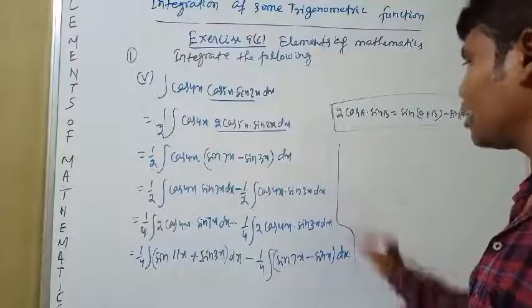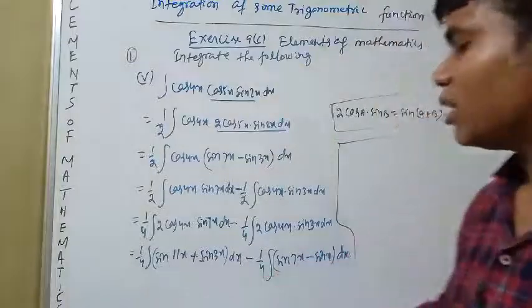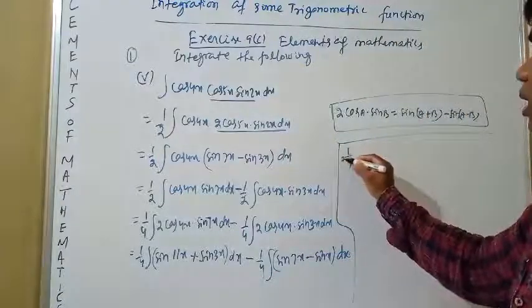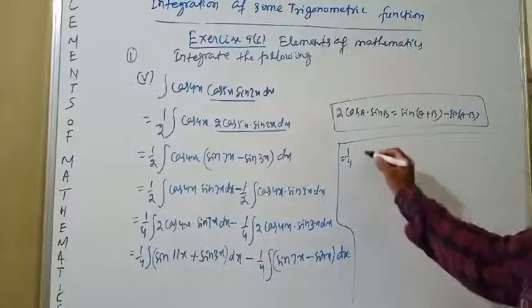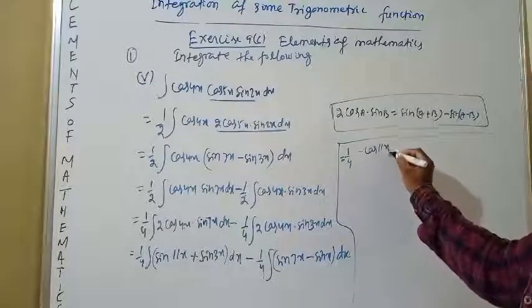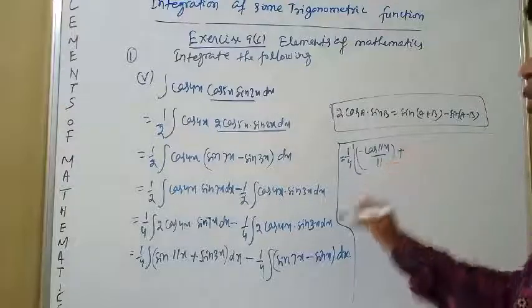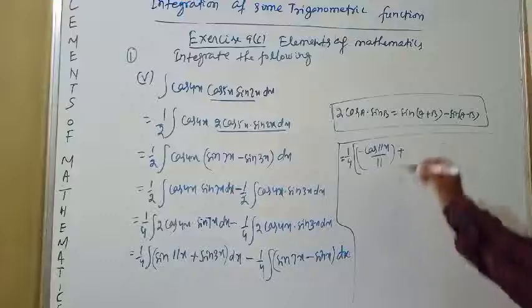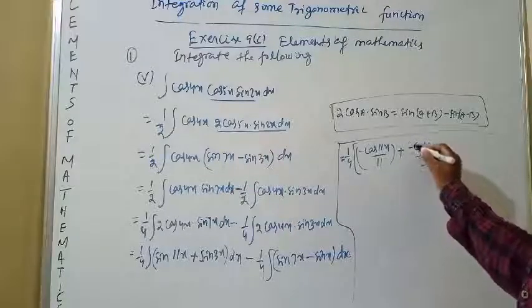Now here, 1 by 4 integration of sin 11x, that is minus cos 11x by 11, plus integration of sin 3x, that is minus cos 3x by 3.